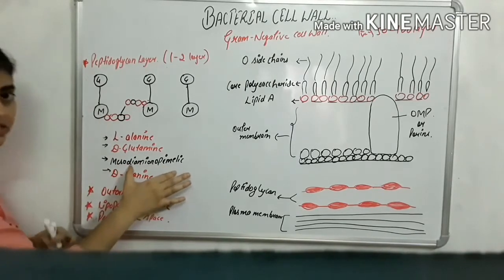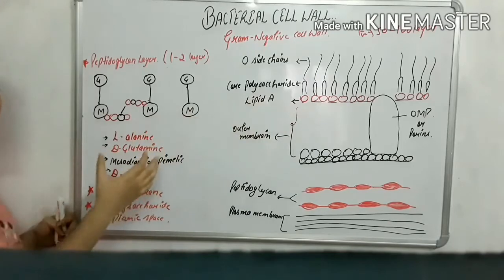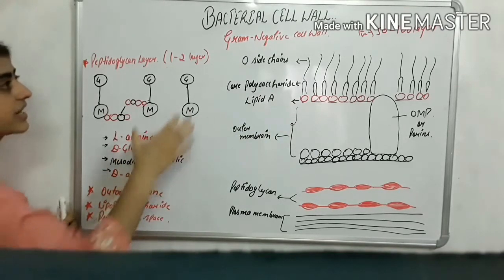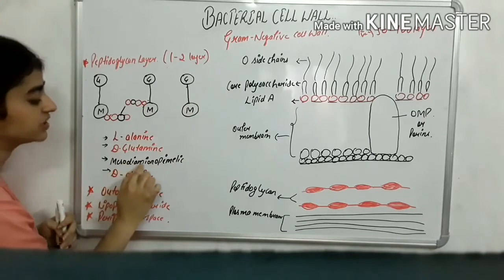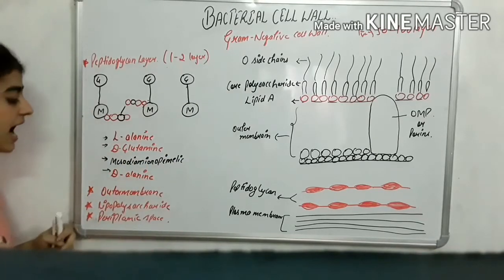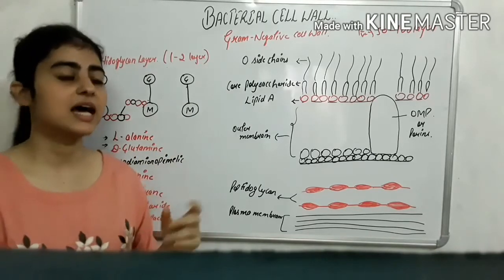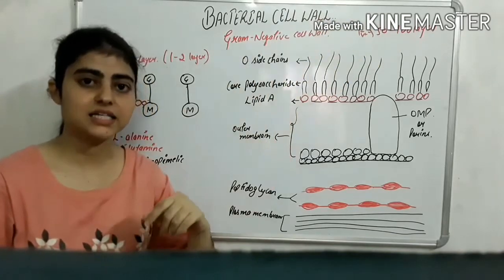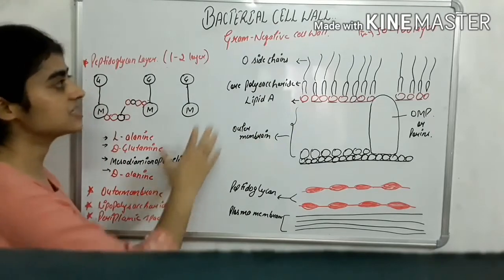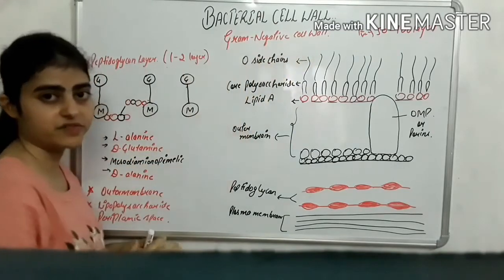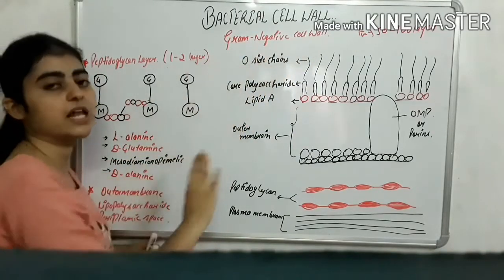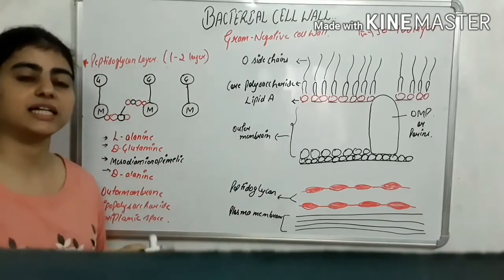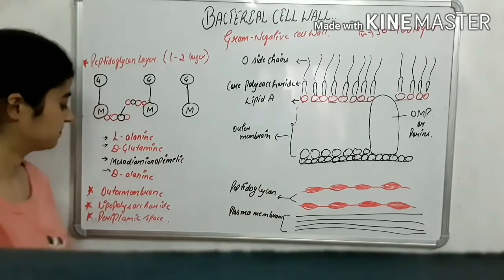So this is the difference between gram-positive and gram-negative tetrapeptide chains: instead of lysine, we have meso-diaminopimelic acid. Also, gram-positive contains pentaglycine bridges, whereas pentaglycine bridges are absent in the gram-negative cell wall. It only contains tetrapeptide chains.